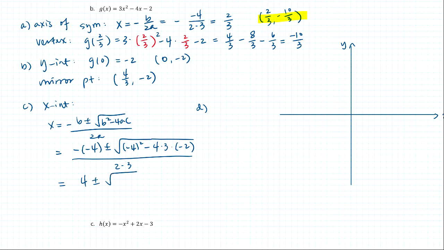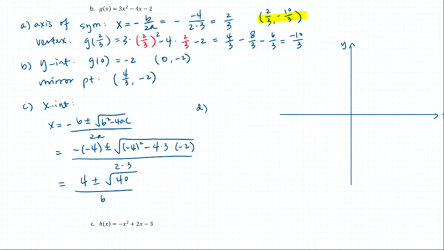Under the square root, we would get 16 plus the product here, because we have two negative signs. So you get 16 plus 24, which will be square root of 40. It's all over 6.